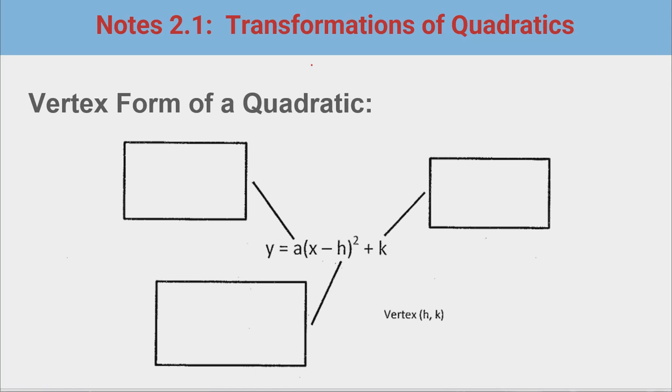So H is the x coordinate of the vertex, but it is the opposite of what the sign is. Right? So this moves our graph left, right. Okay, and everything that happens in parentheses is going to be opposite.